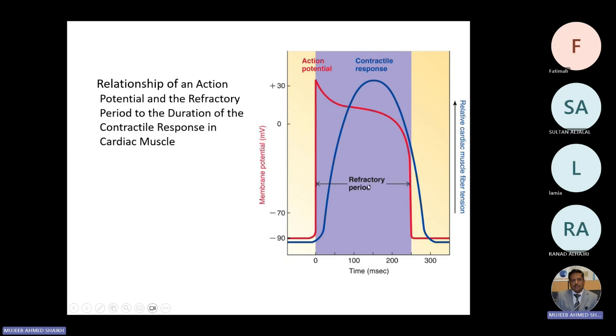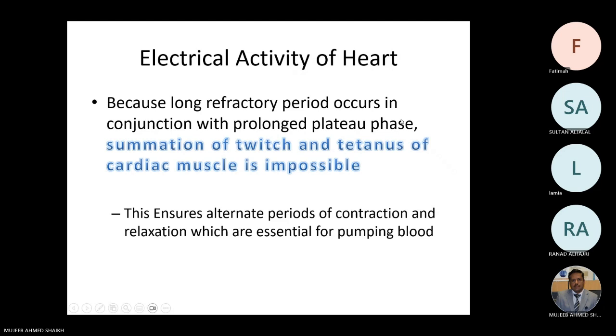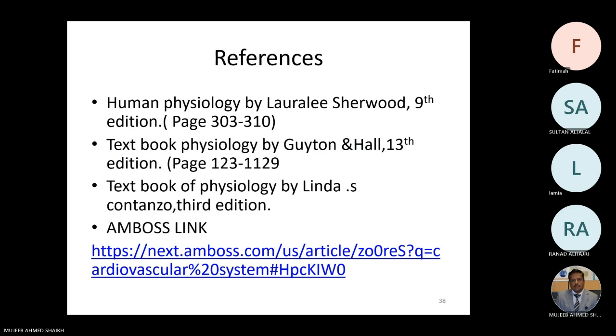So the long refractory period makes sure that there is no second contraction before finishing the first contraction. And this corresponds to the plateau phase of the action potential. Same thing is shown here. No two stimuli can be summated in cardiac muscle because of the long refractory phase.